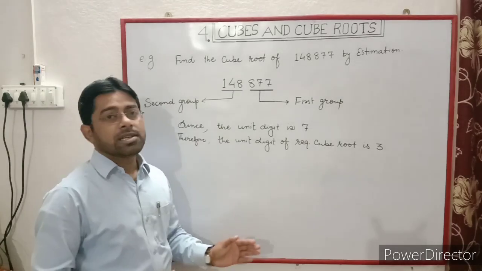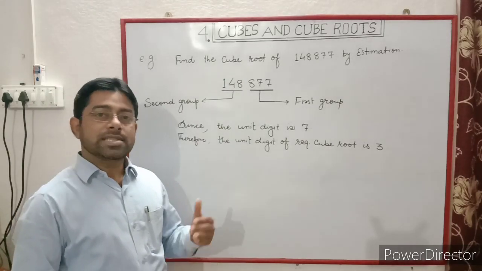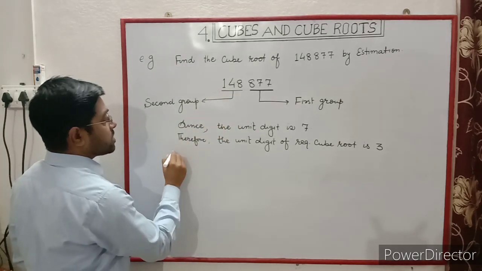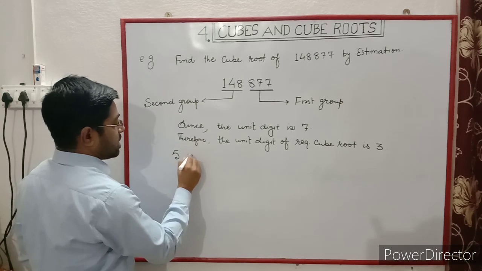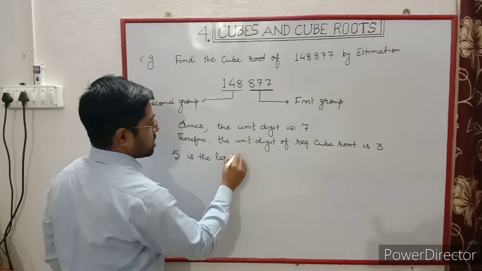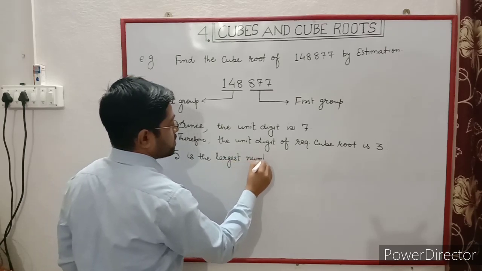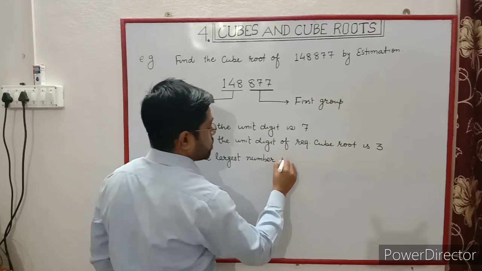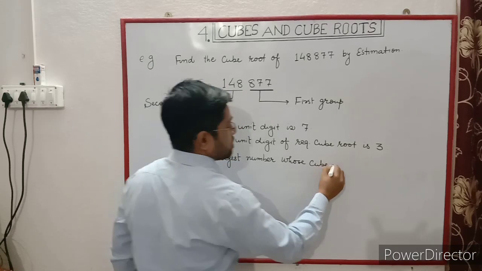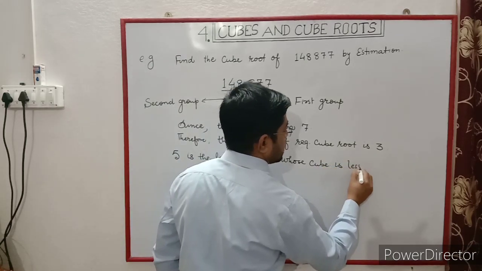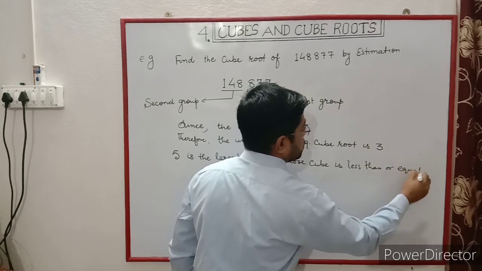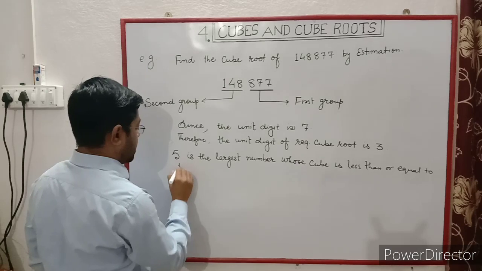Now we have to find the tens digit from the second group. So second group 148. So 5 is the largest number whose cube is less than or equal to 148.